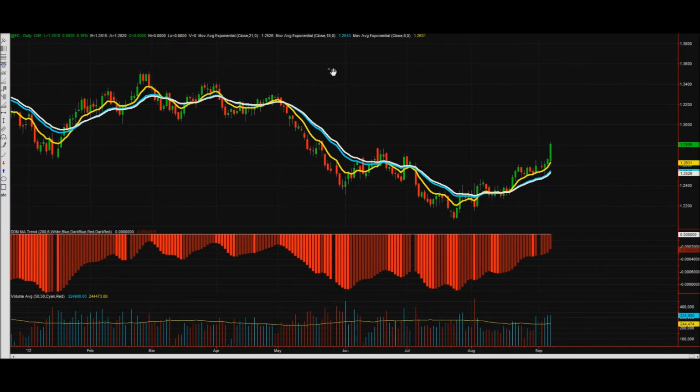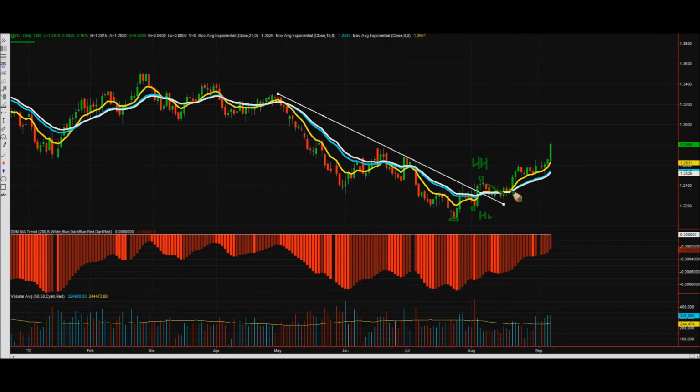If we take a look at the euro on the daily chart, a couple of things point out from a technical perspective. One of the things that jumps out is this downtrend line here. I'll draw it loosely, and you can see this downtrend line was broken, and now we've started a structure where we've got a low here, and then a higher low, and a higher high.